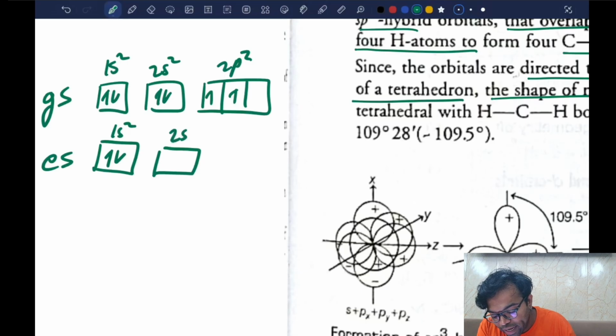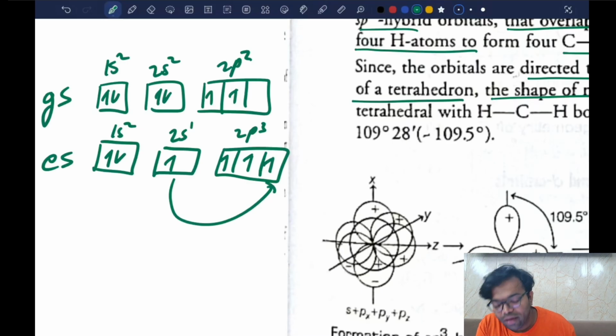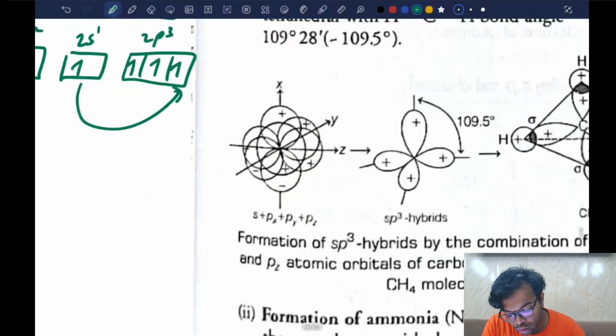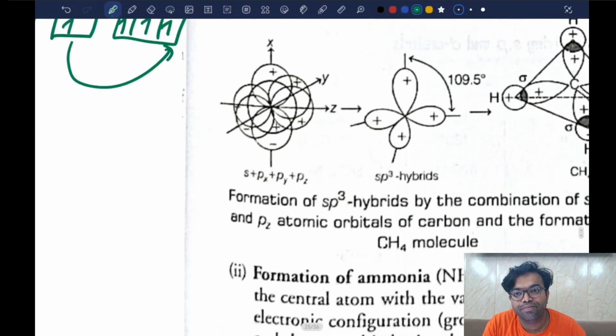The 2s1 and the 2p3. So, one of the electrons got promoted and it joined this one. One electron went from here and joined the third one.